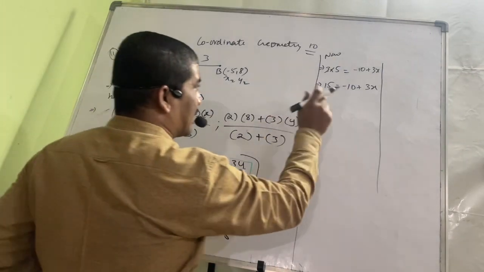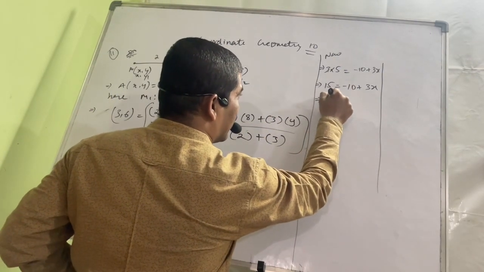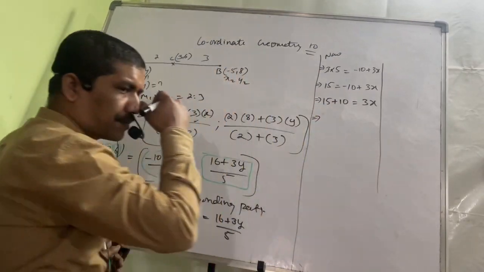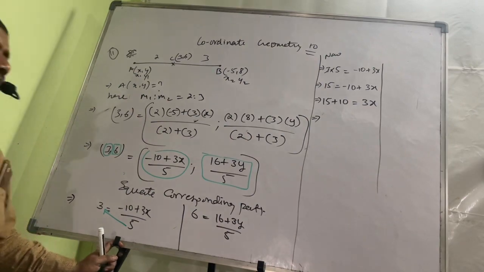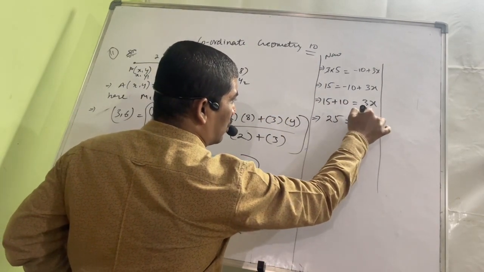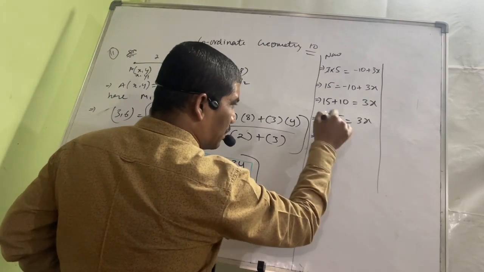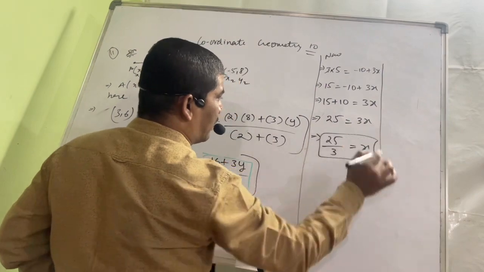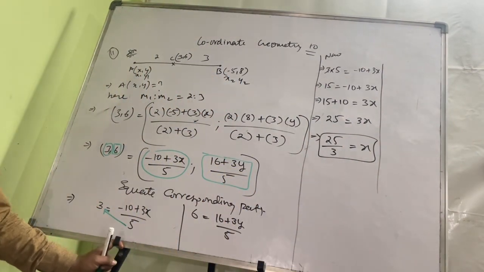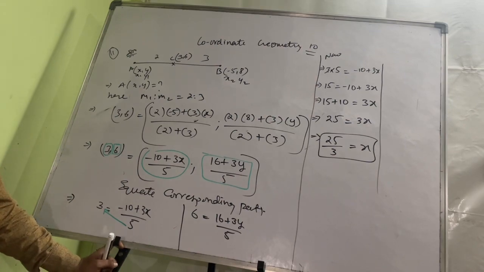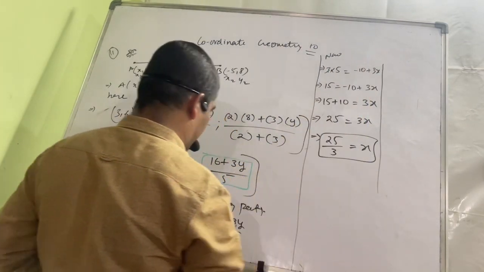I'm keeping 3x there only and bringing minus 10 here. 15 plus 10, 25, is equal to 3x. This 3 you bring down. So x is equal to 25 by 3. It is obviously not divisible, so leave it as it is. Clear?